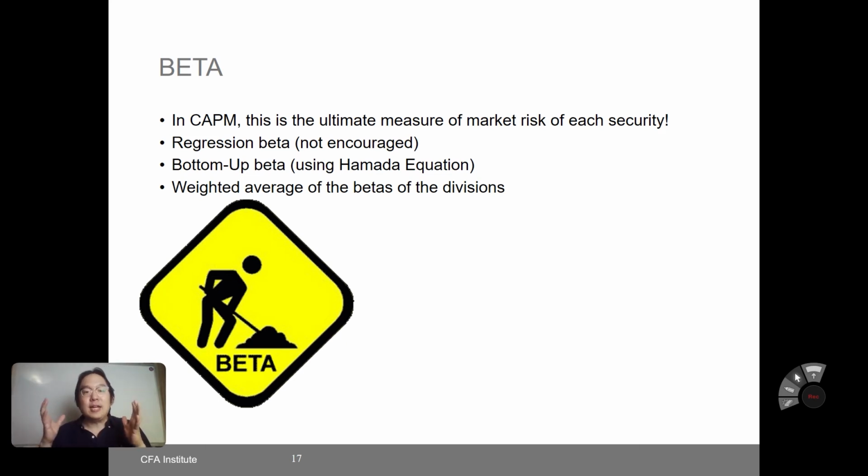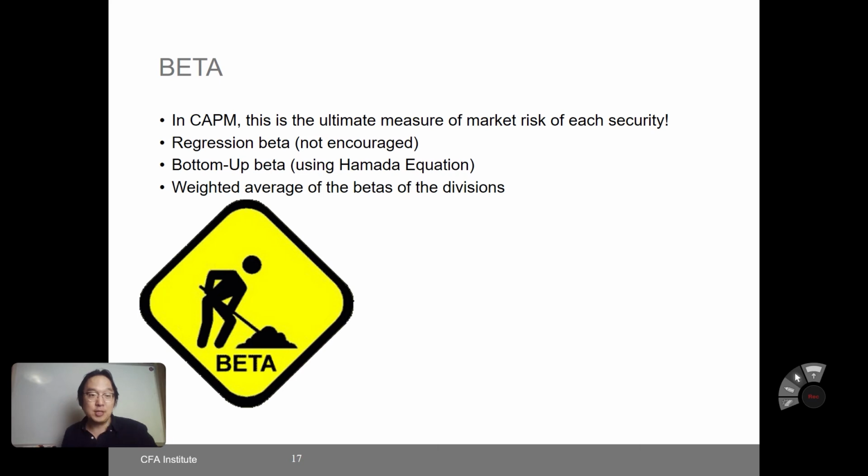We are trying to get the sensitivity of the security to market-wide shock going into the future. Why not the past? Because all the investment that we do today is related to the future. So I want to get a good idea of what's going to happen in the future, and depending on that, I want to establish the discount rate. For that purpose, we need some idea about how this security will be varying together with this market portfolio going into the future.